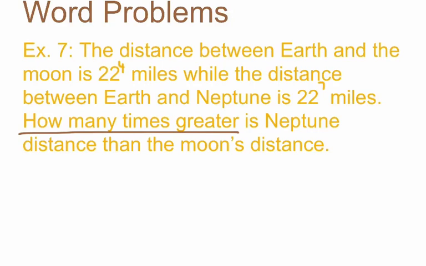So how many times greater is Neptune's distance than the Moon's distance? That means we need to divide. And since Neptune is mentioned first, Neptune's distance needs to go in the numerator. So we're going to have 22 to the 7th over the distance between the Earth and the Moon, which is 22 to the 4th.